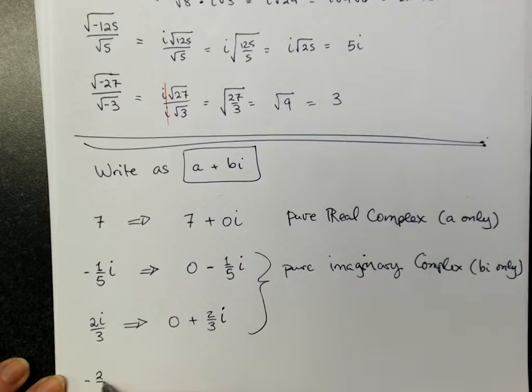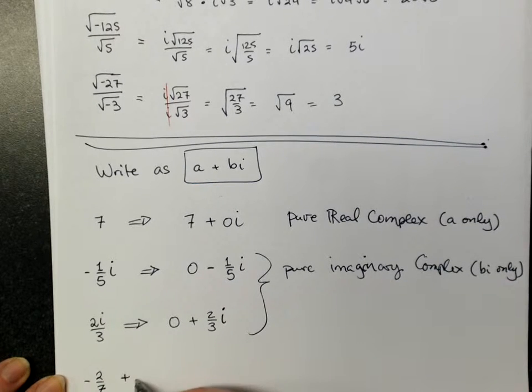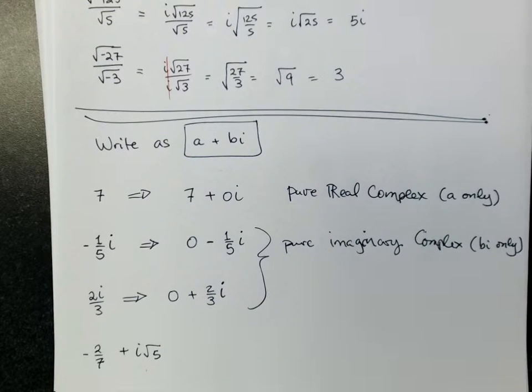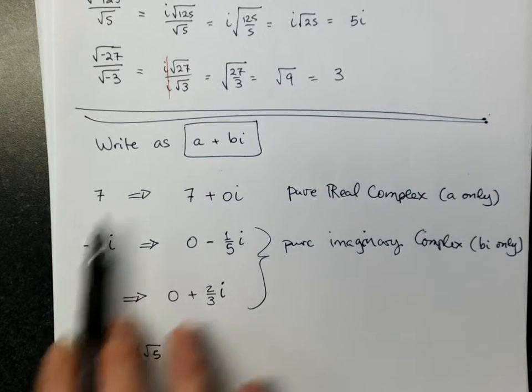Let's say we had -2/7 plus I radical 5. Pure real, pure imaginary, or non-real complex? Because you have an A and you have a B, neither of which are 0. Okay? So this is a non-real number. These are all complex numbers.